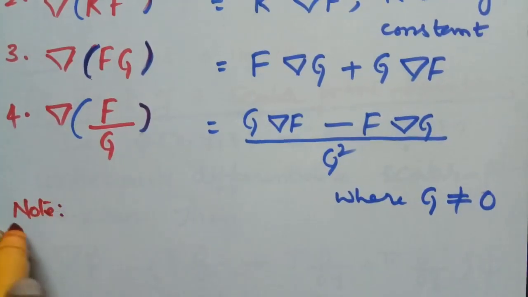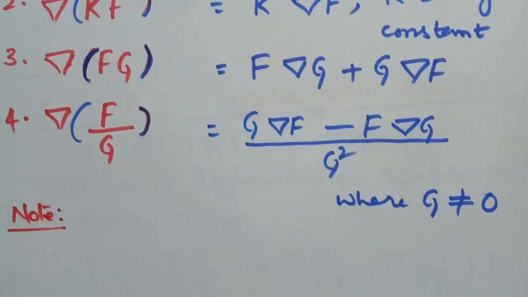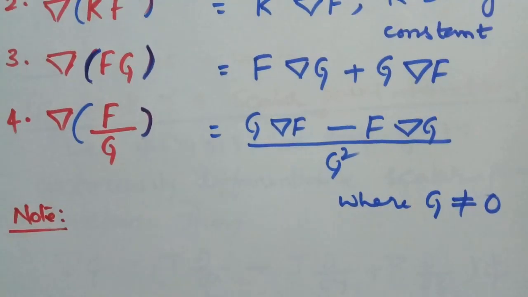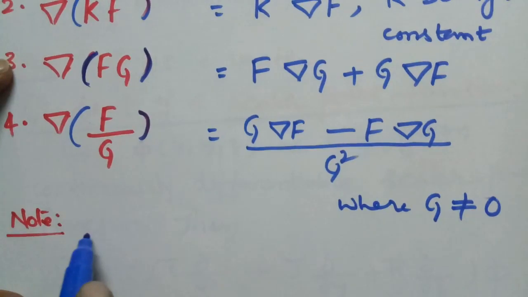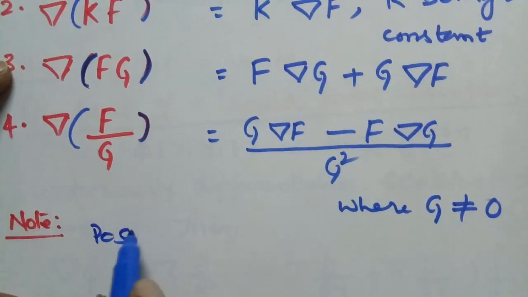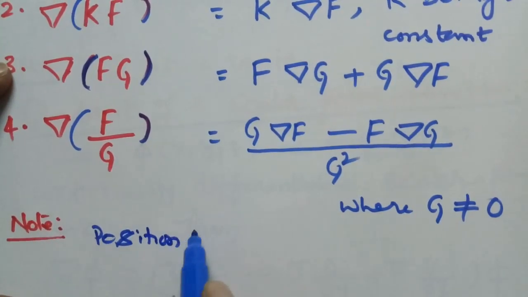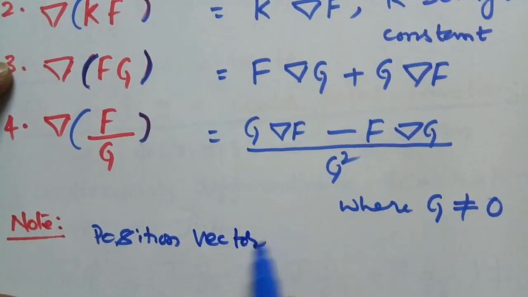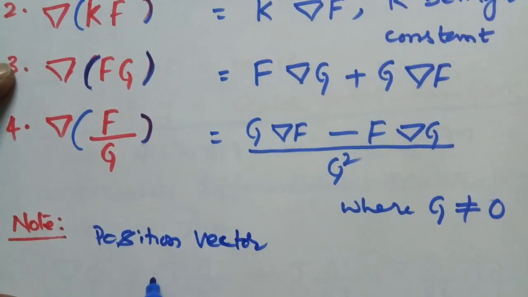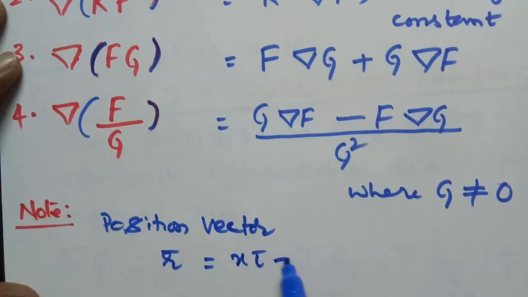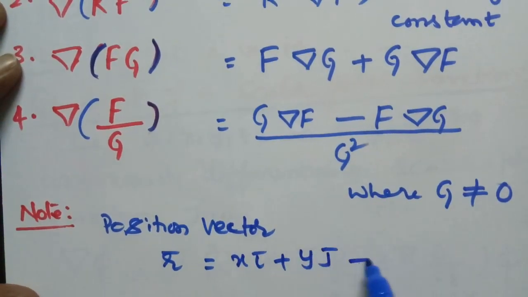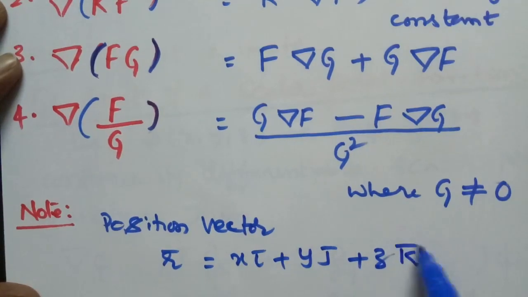We know the position vector, which is denoted by r bar. So position vector r bar is equal to x i bar plus y j bar plus z k bar.